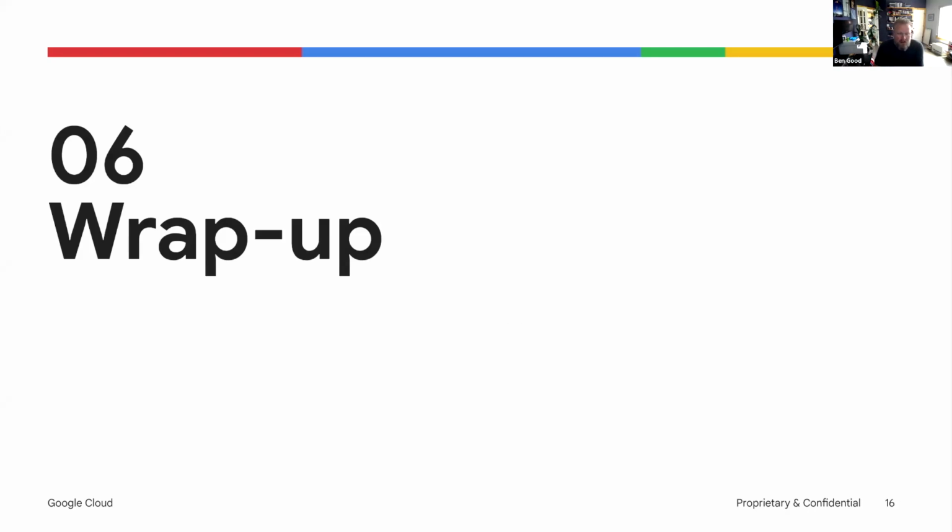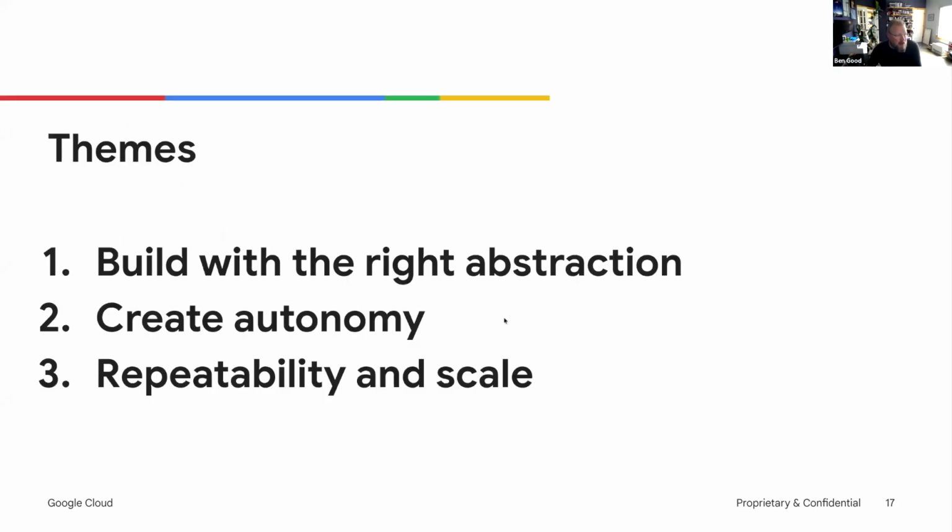Huge thanks to Gary, Ameenah, and Shobit for doing this. If we step back here, Gary did a great job of running through the fundamentals of how we can use GKE and the features in GKE to build the scalable platform. And then if we combine that with what Ameenah and Shobit demonstrated, how we build the developer experience that allows our application teams to build and deploy applications, do canary deployments, actually see these things and do it in an autonomous way.